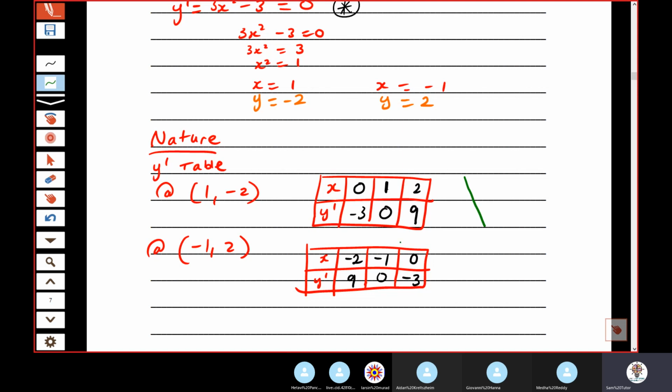Can you see that? Then what happens when y dash equals 0? Horizontal, flat, stationary. And then y dash greater than 0, what kind of thing is that? What graph is that? It's a minimum one. So now you know it's a minimum turning point at 1 and -2.